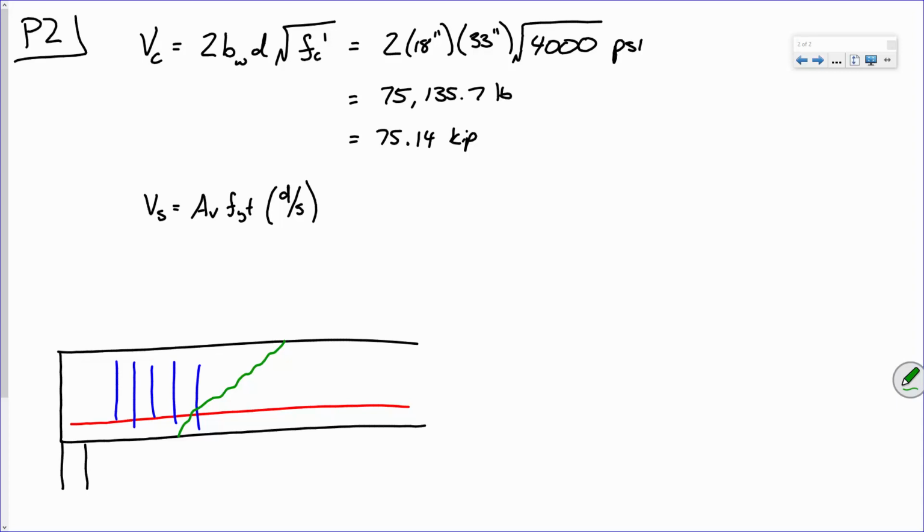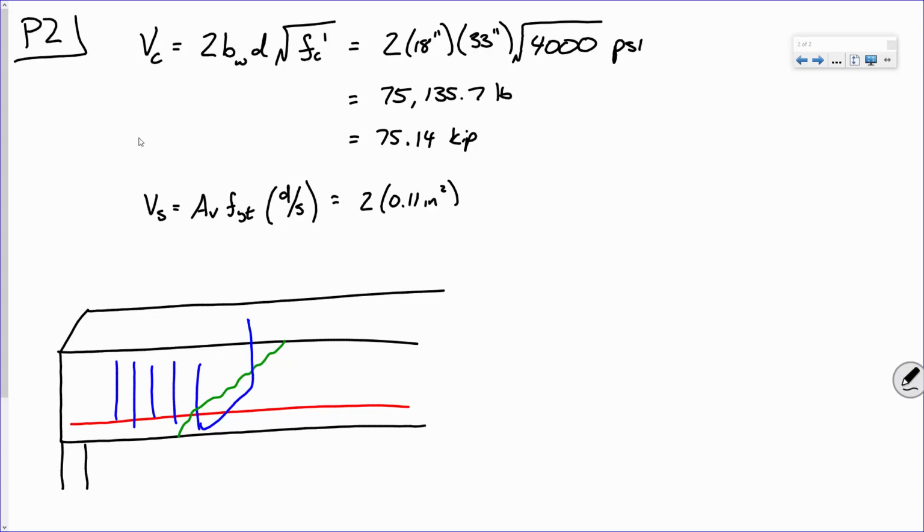Because keep in mind, 3-dimensionally, the beam looks like this, and the stirrups are going like that in 3D. So that crack, if I cut right through that beam, it's cutting through 2 bars, right? Make sense? So the area in shear is 2 times 0.11 square inches. Y'all remember that? Remember, if you've got a U-shaped stirrup, you multiply that by 2.